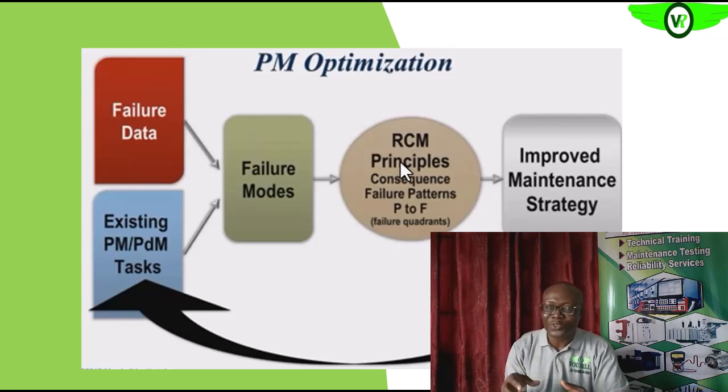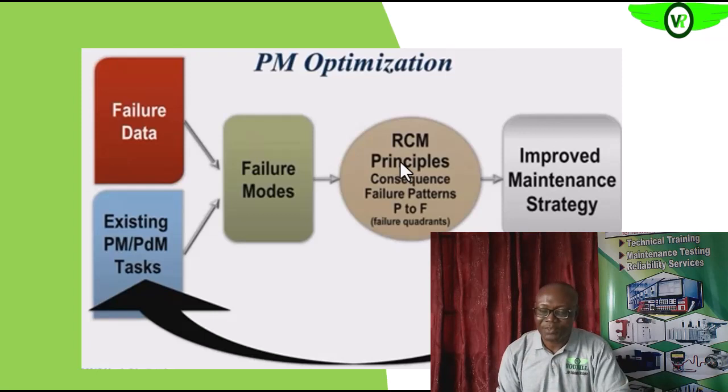Some will be introduced to take care of some failure modes that the former maintenance program did not capture previously. Of course, we'll now have an improved maintenance strategy. That improved maintenance strategy is, of course, subject to review. Any gaps that we see in the review, we use to improve the process later. So there is room for continuous improvement.